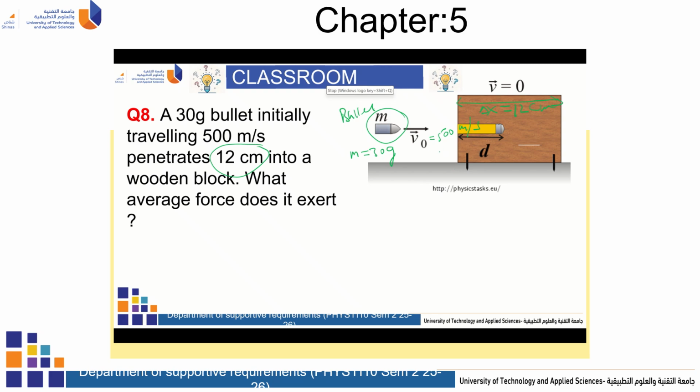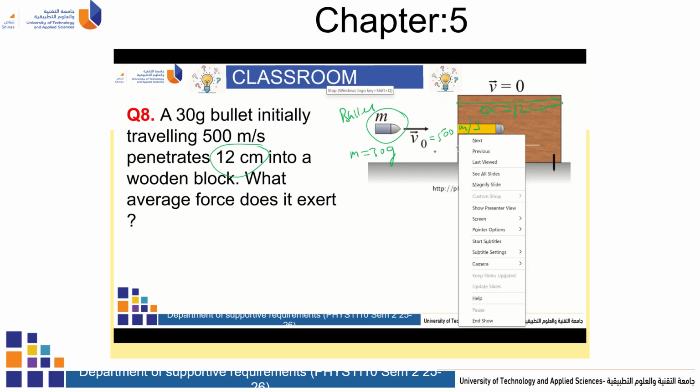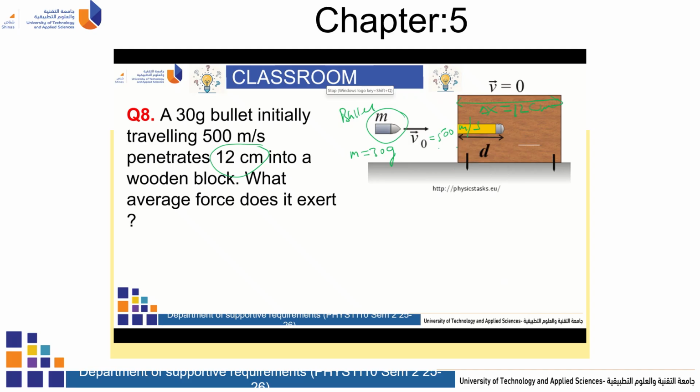This bullet is hitting here with this velocity. They're asking what is the value of the force that this bullet exerts when hitting here. So we need to find the force.